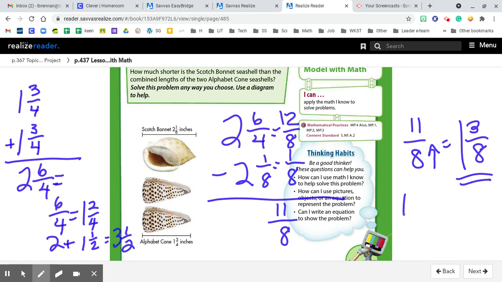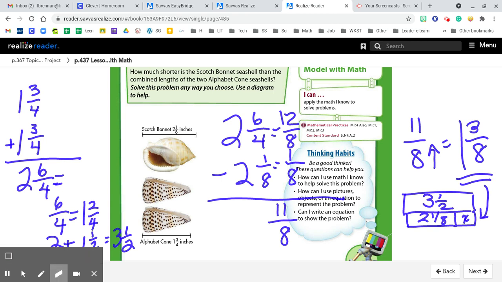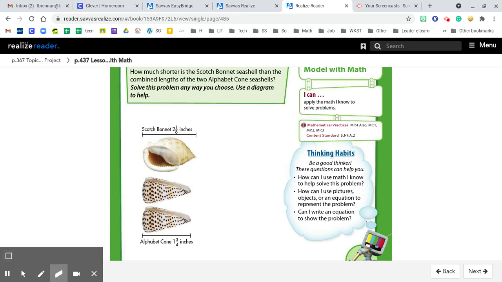So we can also show this 3 1/2. And our total was, we want 2 1/8, and so we're trying to figure out what is the value of the difference. Or you can do that as well if you want to draw a diagram.